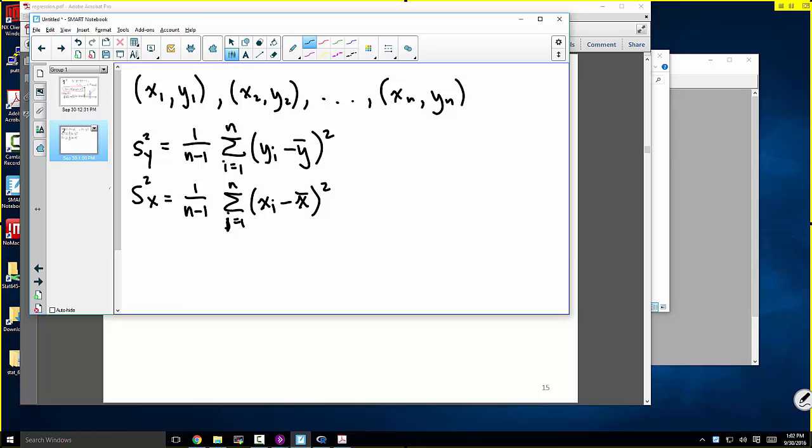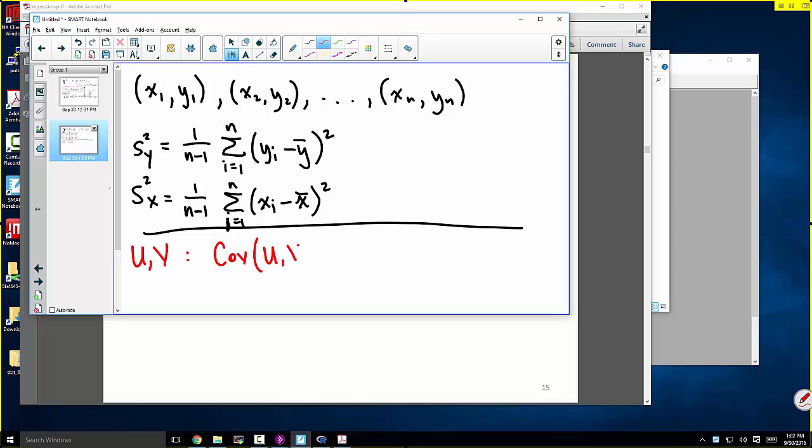These are estimates of variances. Suppose we have two random variables, u and v. The covariance between u and v is defined as the expected value of u minus its mean times v minus its mean.